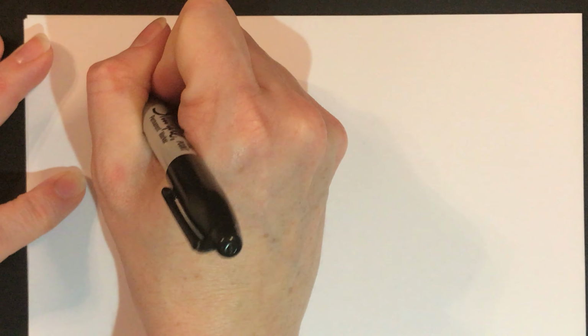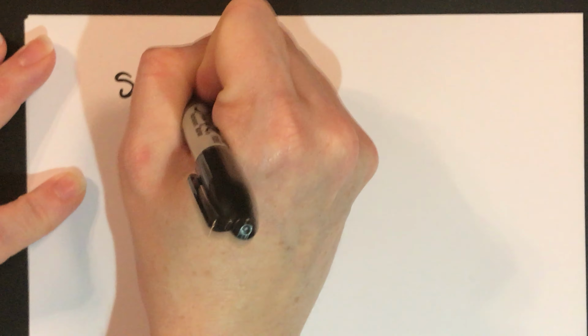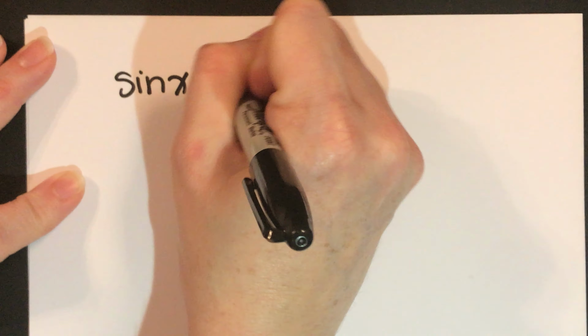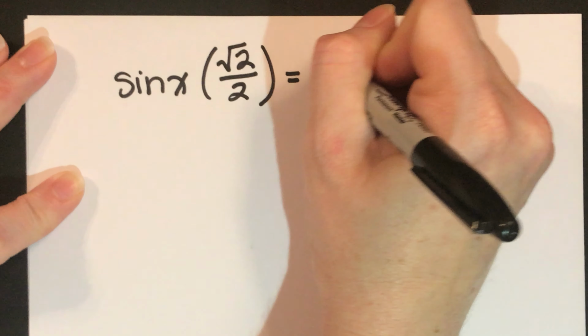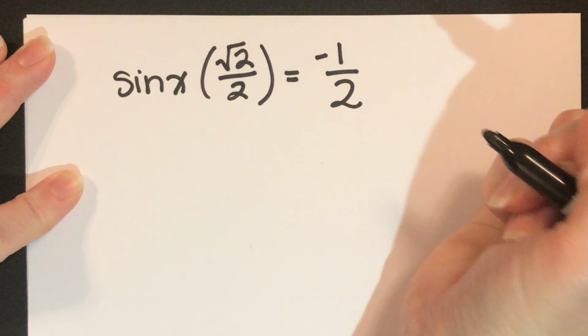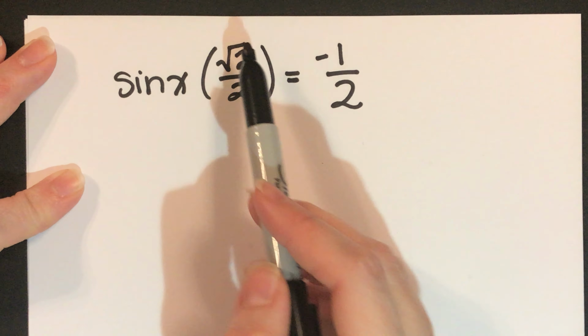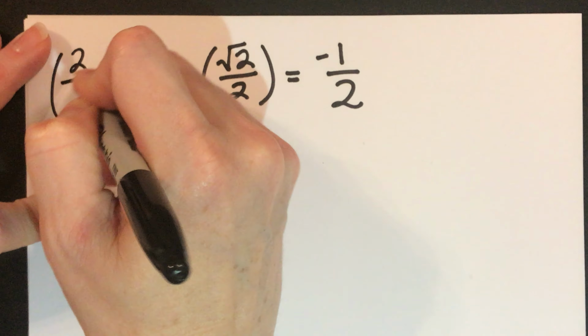So we have sine x times the square root of 2 over 2 equals negative 1/2. So to cancel this out, we multiply by the reciprocal.